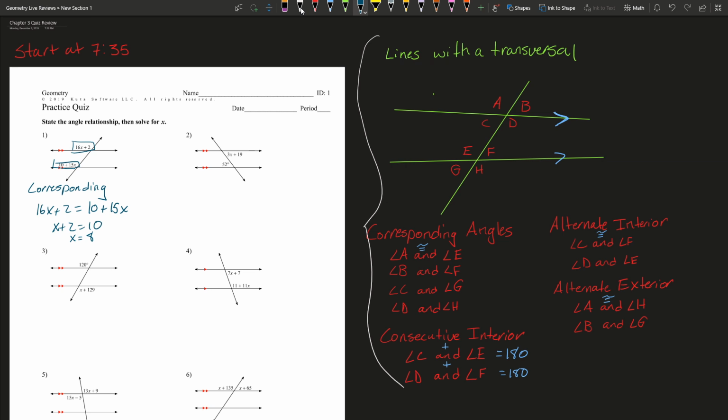Number 2, these two angles are inside the two parallel lines, so we're talking about one of the interior angle relationships, but they're on opposite sides of the transversal, which means we are talking about alternate interior angles.